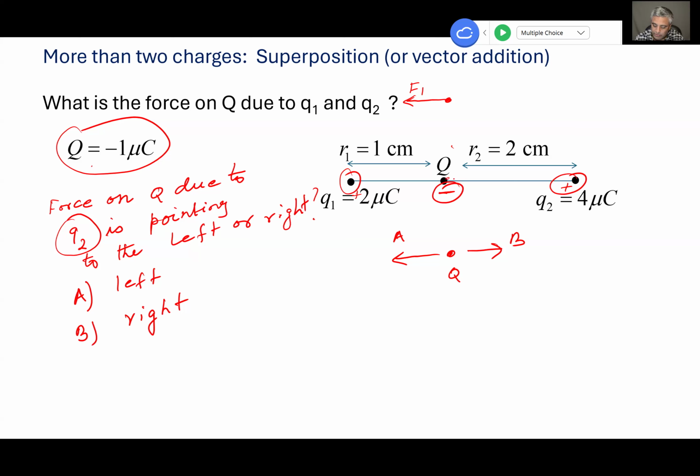We are talking about force on this charge, so it's going to be pointing this way. That means F2 is going to be pointing that way. So now if we choose, let's see, what's going to be F net then?